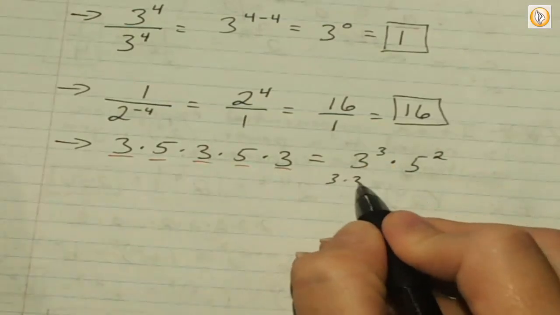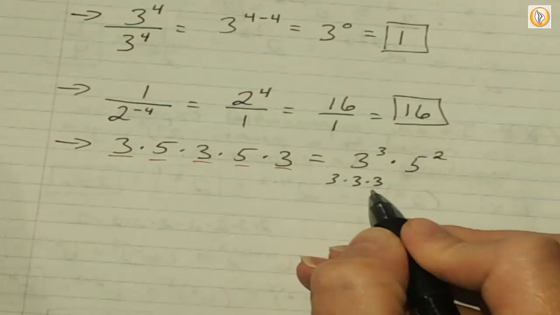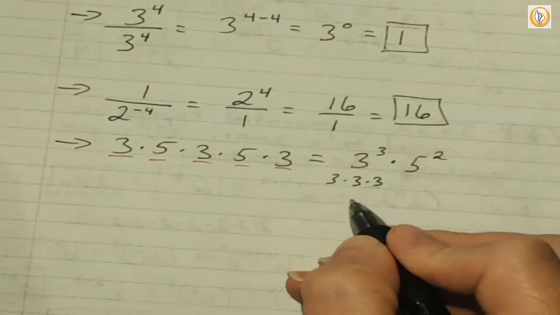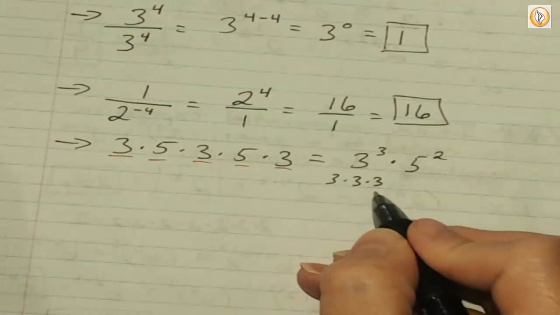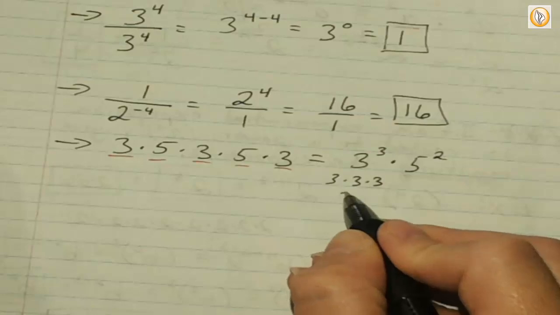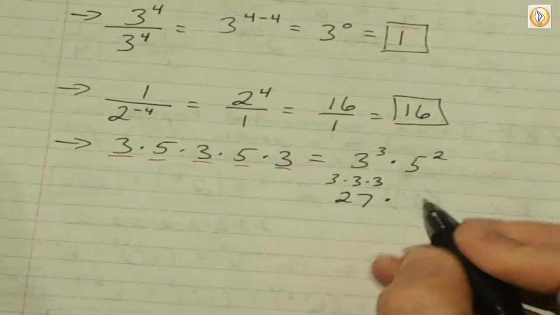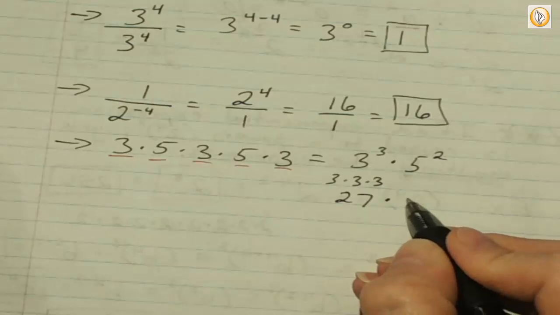What's 3 times 3 times 3? What's 3 times 3? Okay, 3 times 3 is 9. Times 3 is 18. What's 9 times 3? Oh, let's see. 24. I mean 27. And then what's 5 squared? Hold on, I'm just writing it.